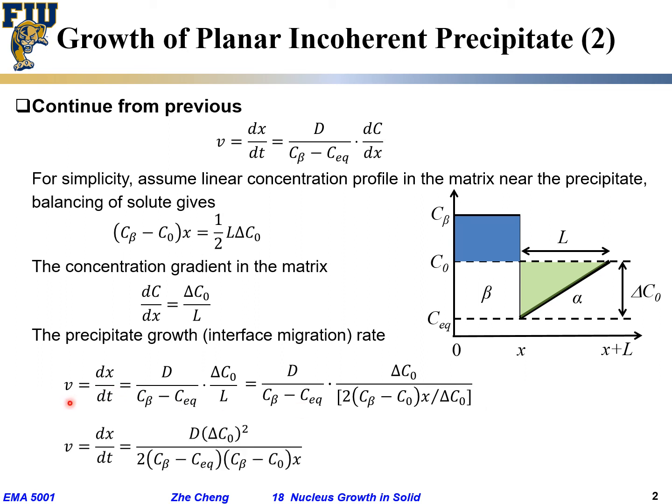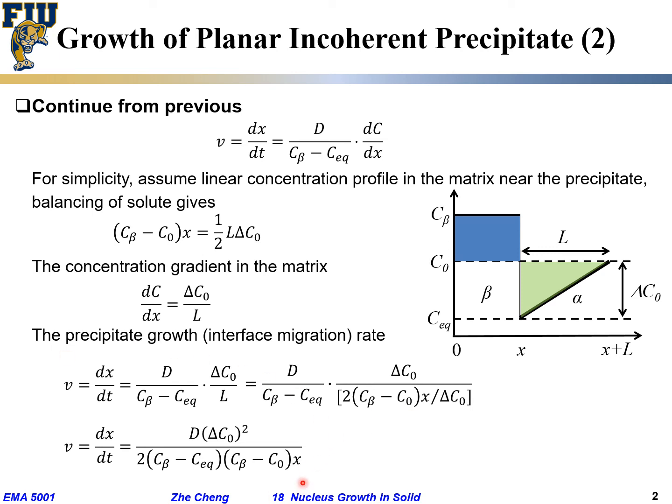And we do a combination. We put delta C0 in the denominator with the delta C0 at the top. So we keep D in the numerator, and delta C0 and delta C0 combine to give delta C0 squared, and 2 we keep, C beta minus CEQ we keep, and C beta minus C0 we keep, and X we keep in the denominator.